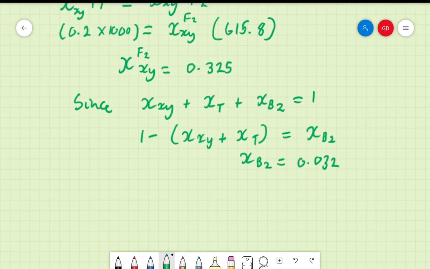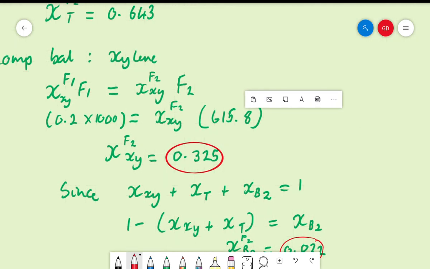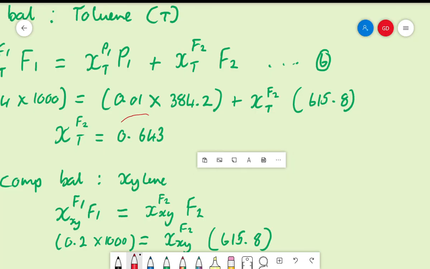So now we have all the mass fractions, the composition in F2. Here the composition of benzene in F2 is 0.032, the composition of xylene in F2 is 0.325, and the composition of toluene is 0.643.